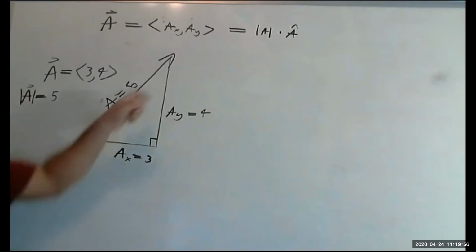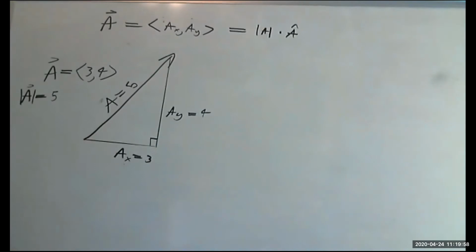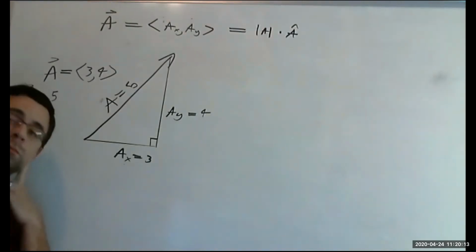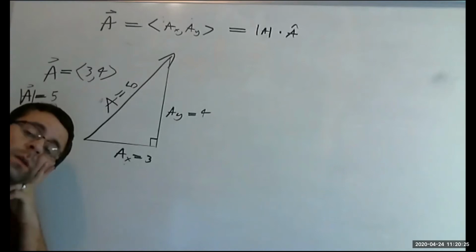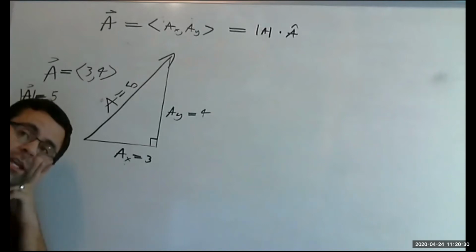So you've got two options, here and here. Why would it be 2 theta if it's only going in one direction? I'm sorry? Did you say there was 2 thetas in there? No, I'm saying you have two options. Only one of them is theta.